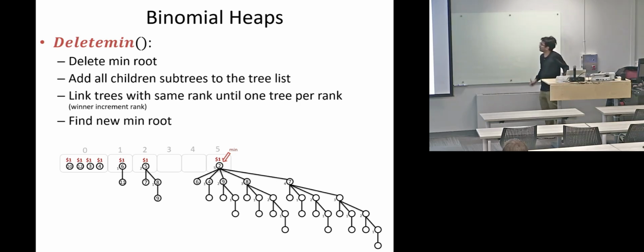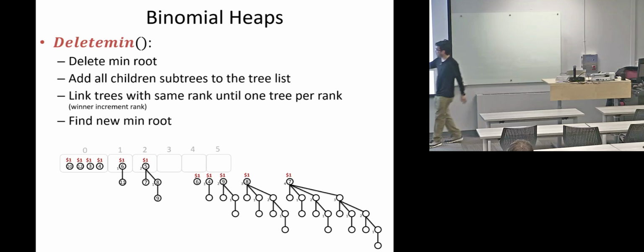But now let's see delete min. You're gonna delete this guy, so you need to delete all of these edges, and also you need to put money. These children become roots now, so you need to put $1 on each of these.